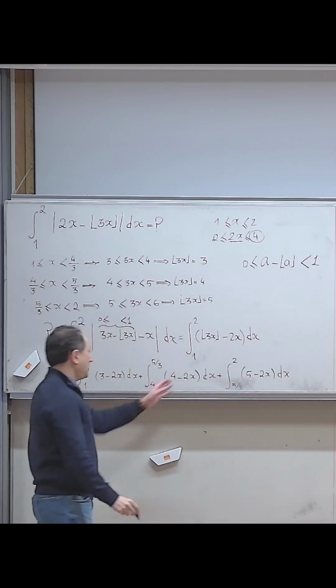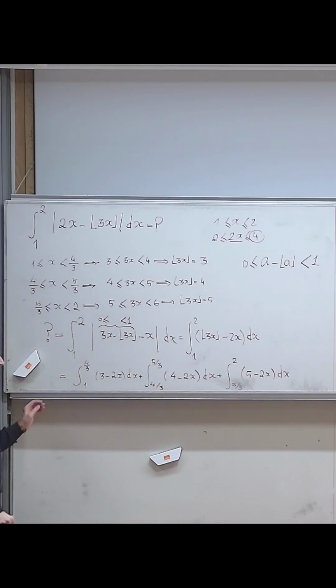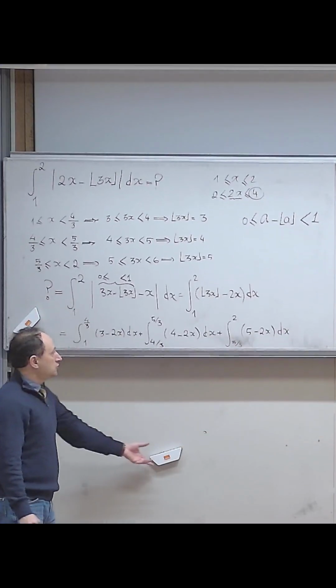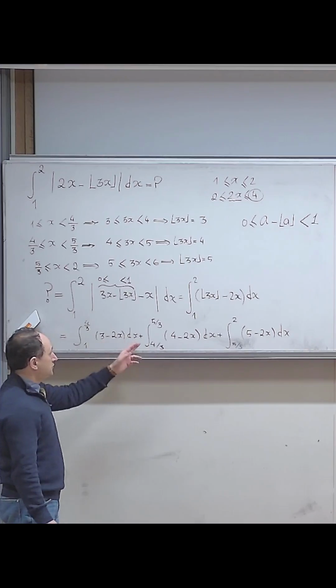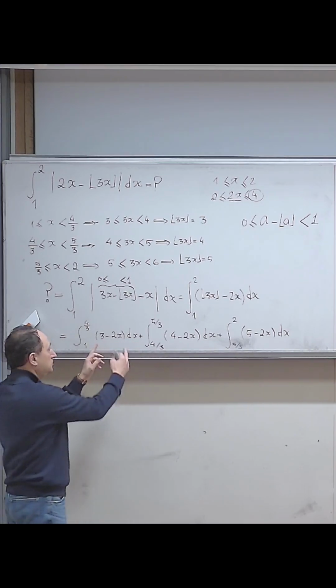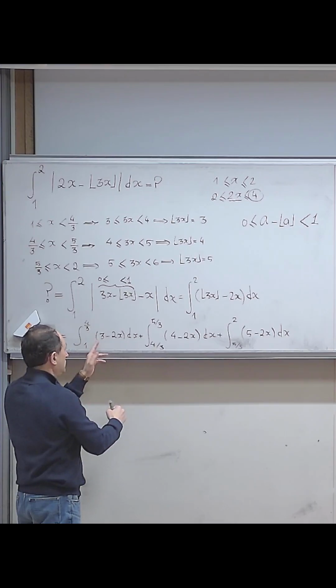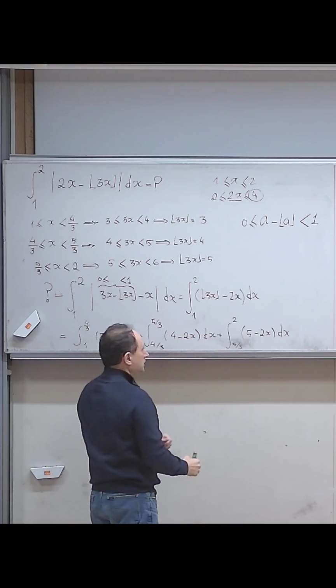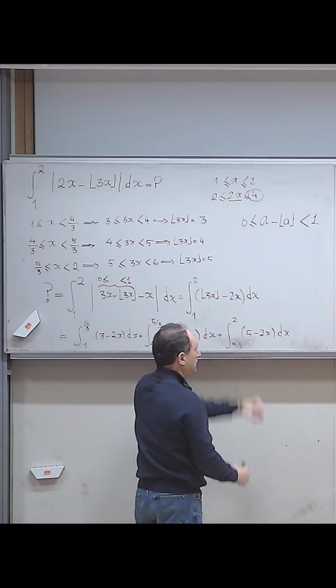These are now elementary integrals you can calculate, but because we want to do it faster, if possible, don't try to do these integrals separately. In your head, decompose the integral into two parts: 3 minus 2x, 4 minus 2x, and 5 minus 2x.